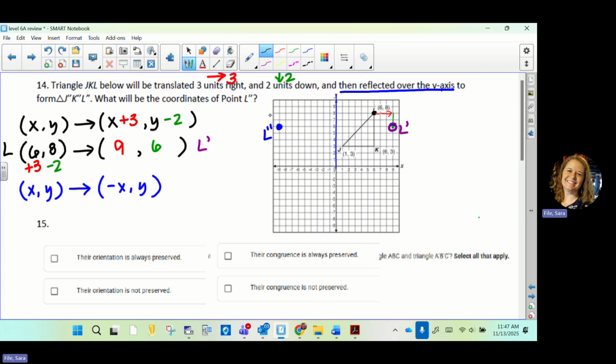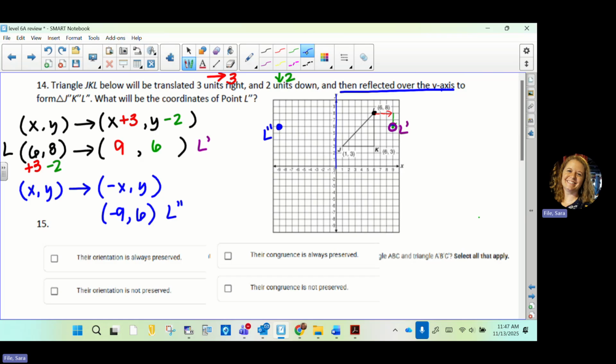So now I need to just change the x. So 9 needs to become -9. The y does not change. That's what the rule says. y stays the same, so it stays a 6. So that's L double prime. You can get it doing the rules, or you can get it graphically, whatever you prefer. Either way, you end up at this point at (-9, 6).